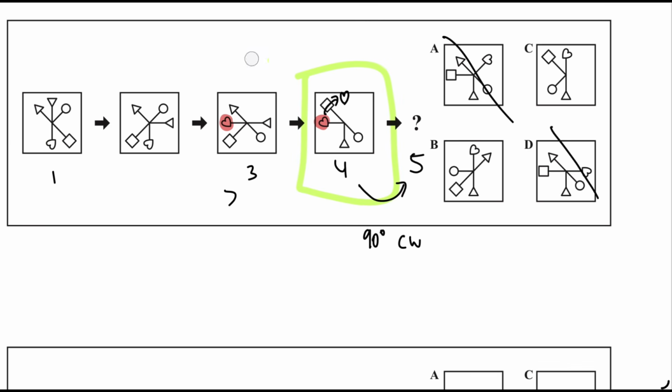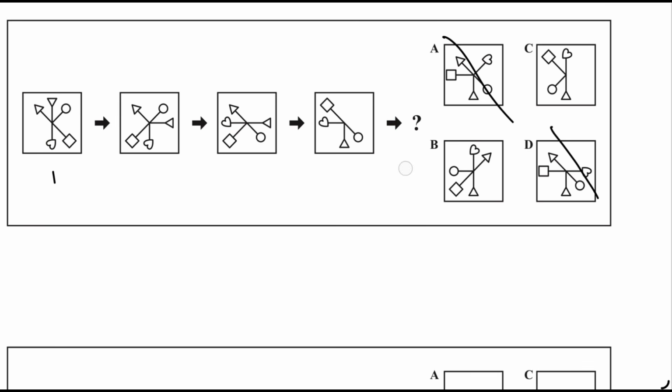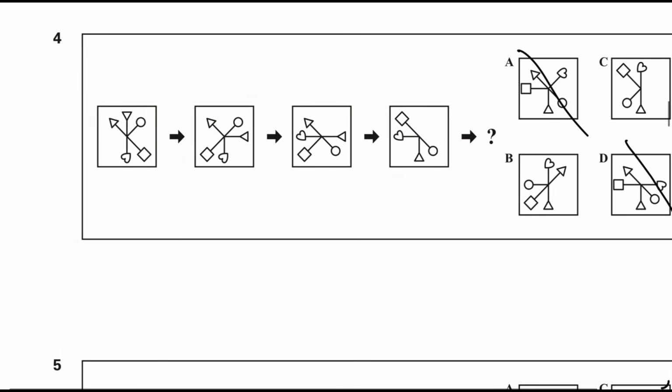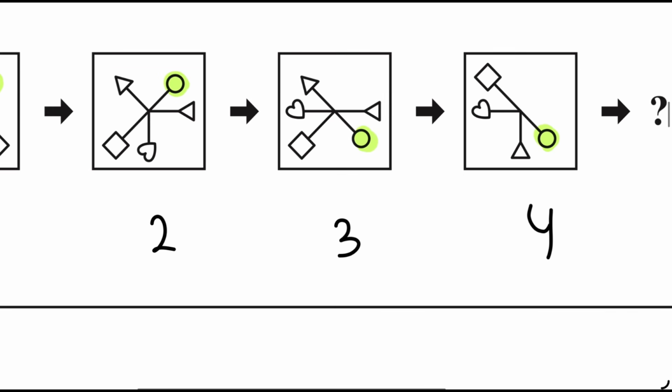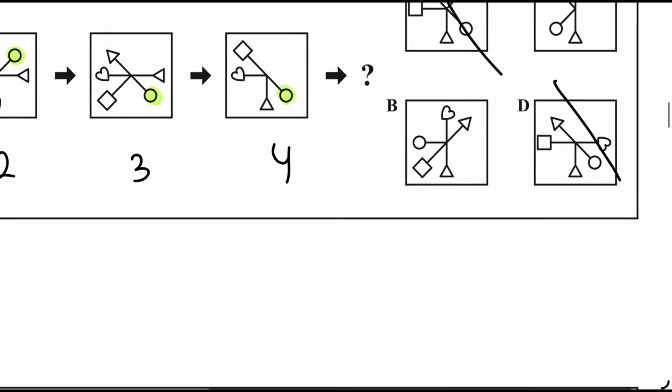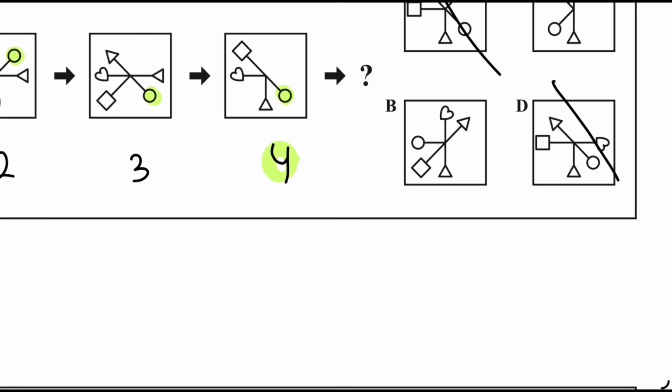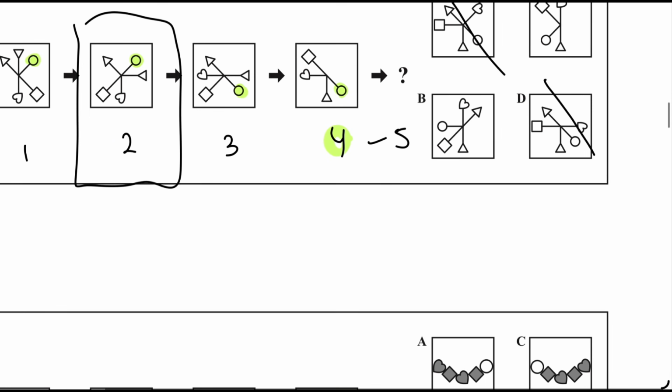Now, let's look at the other shapes. Maybe let's look at the circle. If you look at the circle, let's track its position. It does something similar. For the first two, it stays the same. Then it moves from 2 to 3. So it should also move from 4 to 5, because every second one, like we said earlier.